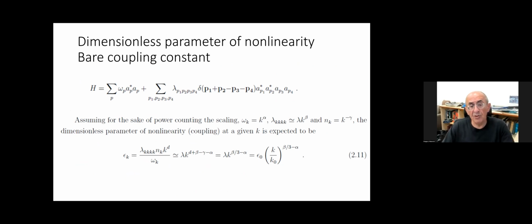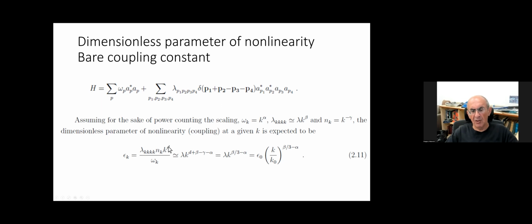So now you can ask how your weak turbulence remains weak or gets strong as you change the wave number. It means that you need to define some dimensionless parameter which describes the ratio of the second term in the Hamiltonian to the first one, which you can roughly estimate as this bare vertex of interaction times wave number.